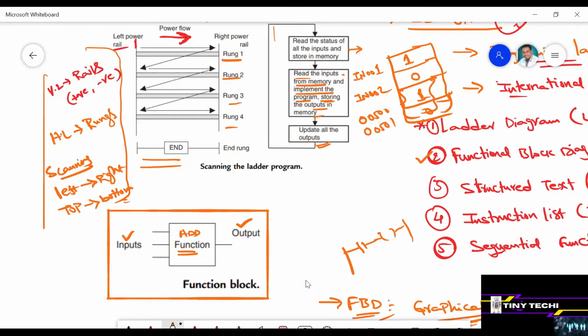This is called the palette: add, sub, or the symbols to perform arithmetic and logical operations like AND, OR, XOR, greater than or equal to, less than or equal to. It has that function inside the block. Inputs are on the left side and the outputs are on the right side. Clear? So this is how we can represent the functional block diagram.